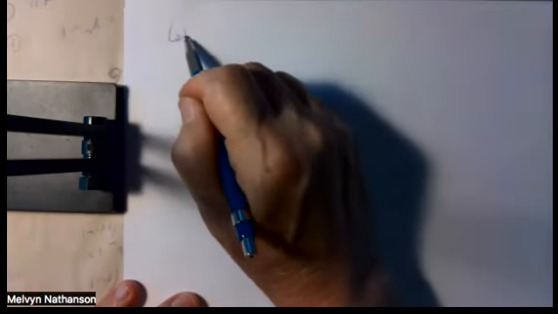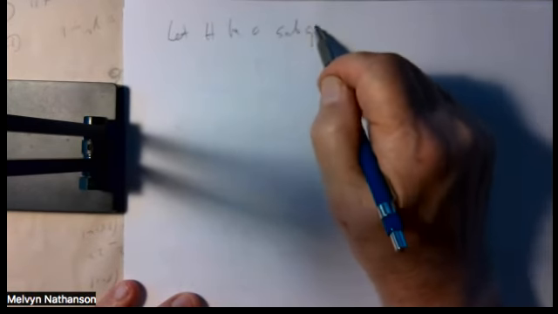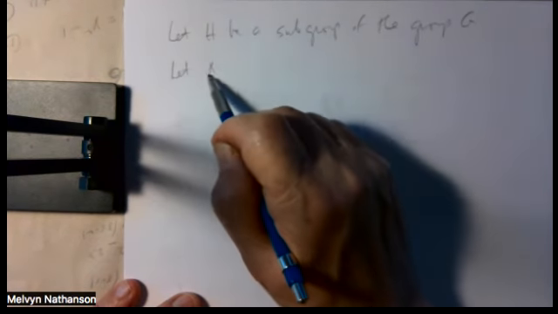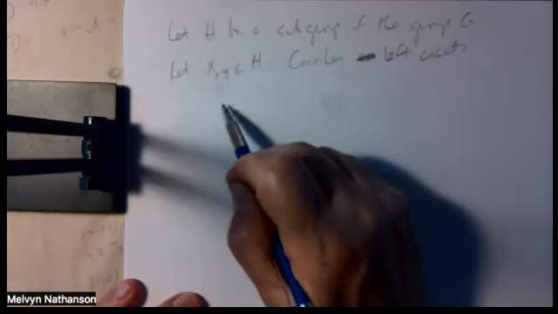Let's say something else about cosets of a group. Let H be a subgroup of the group G, and let x and y be in G. So we consider the left cosets xH and yH.